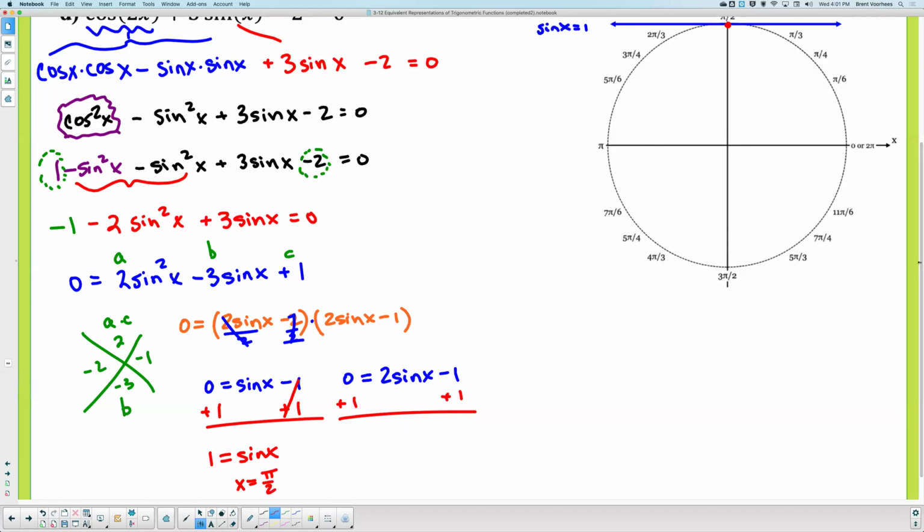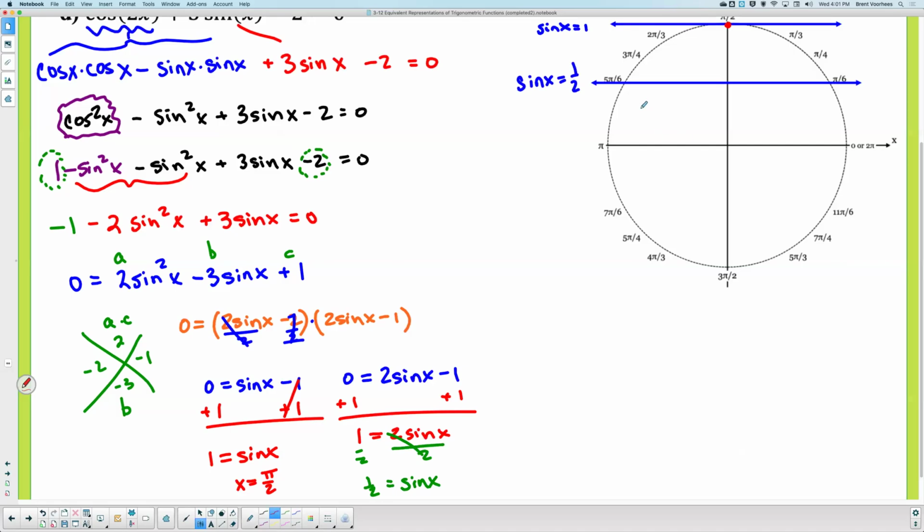And now this solution here, we add the 1. We have that 1 equals 2 sine x. And then we would divide both sides by 2. And so 1/2 equals sine x. This will provide two answers that come up here. Sine is y, 1/2 right there. That is sine x equals 1/2.